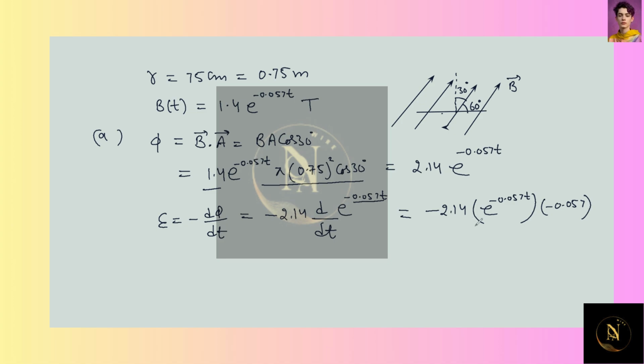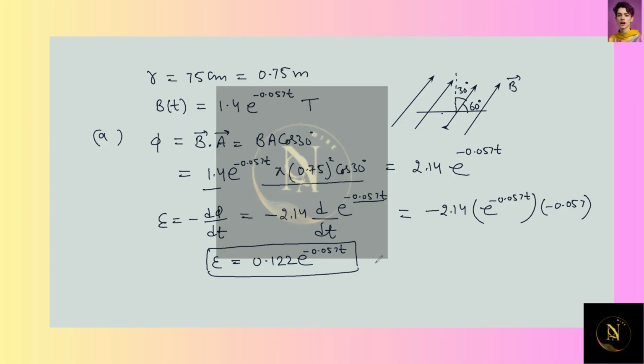When we multiply them, the value of the EMF comes out to be 0.122 times e raised to the power minus 0.057 t. So this is the expression for the EMF induced with the passage of time.